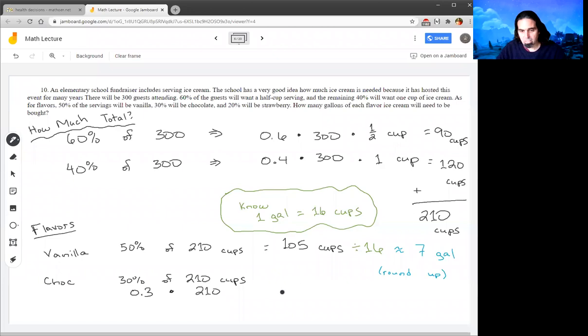So that gives me 63 cups. Again, we don't want to shop in cups, so let's divide by 16. And 3.9. So yeah, that really is about 4. So far, we're rounding the way we would anyway.